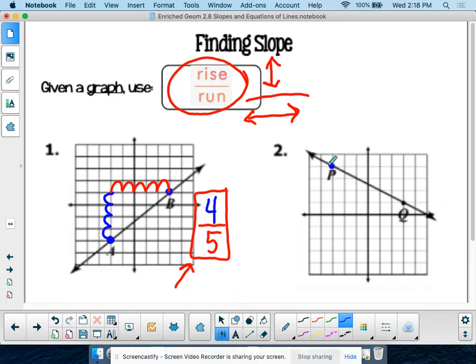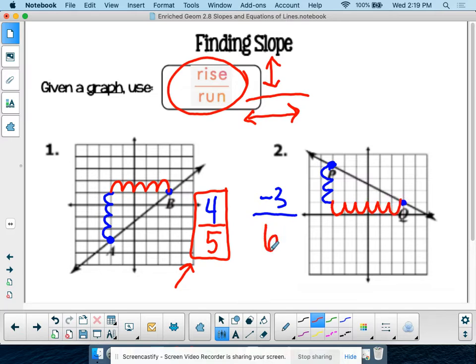Okay, another one here. Again, they give us those points there. So we'll do our rise over run. Since I'm going down, it's negative, right? So 1, 2, 3. I'm going to have a negative rise. And then I'm going to the right, how many? 1, 2, 3, 4, 5, 6.